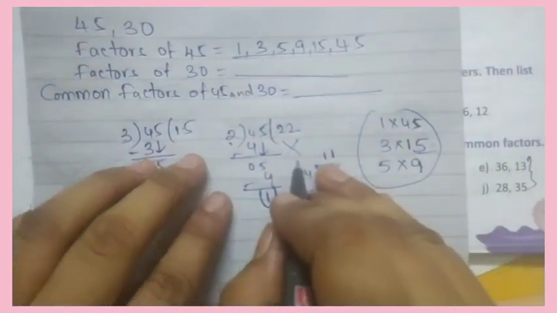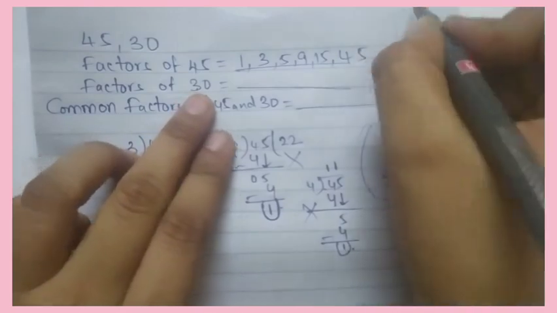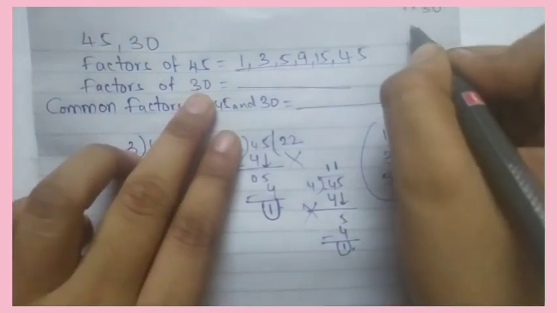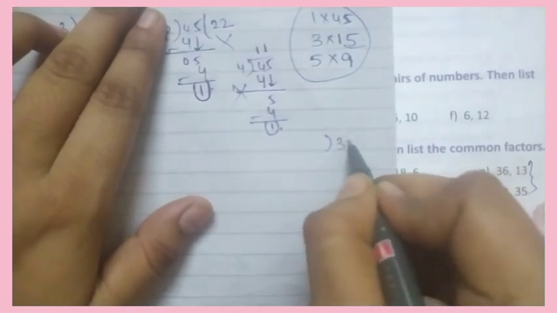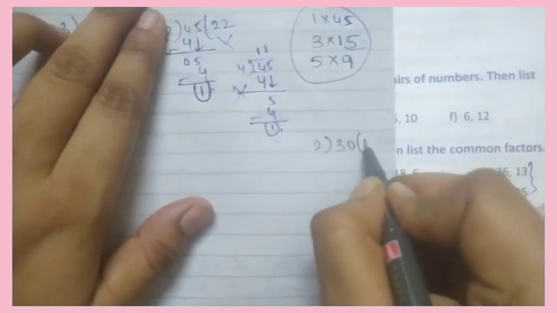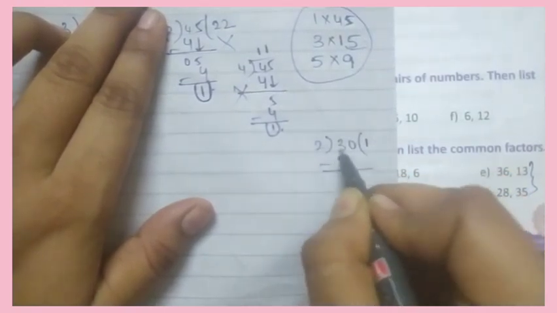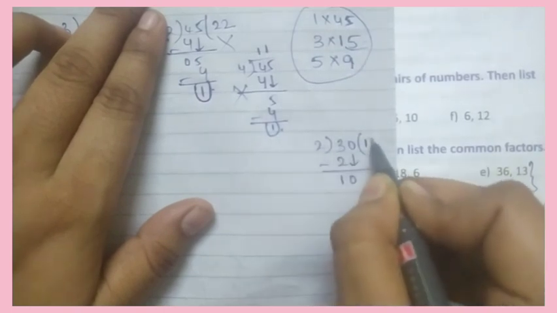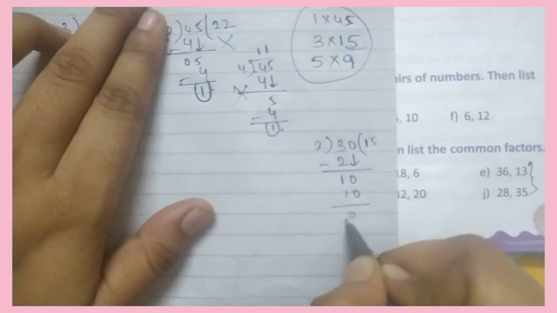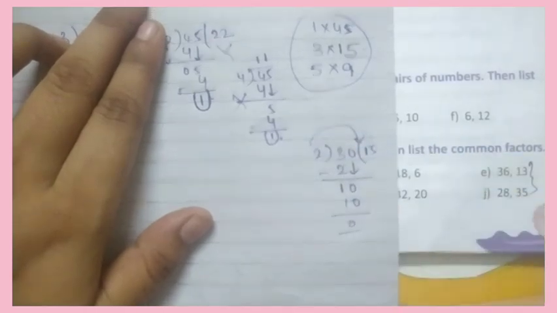Okay, now look at 30. 1 30 is 30. 2 table, we will do division to know when we get 30. 2 ones are 2, 3 minus 2 is 1 and 0 will be written here. 2 5s are 10, so 2 15s are 30.